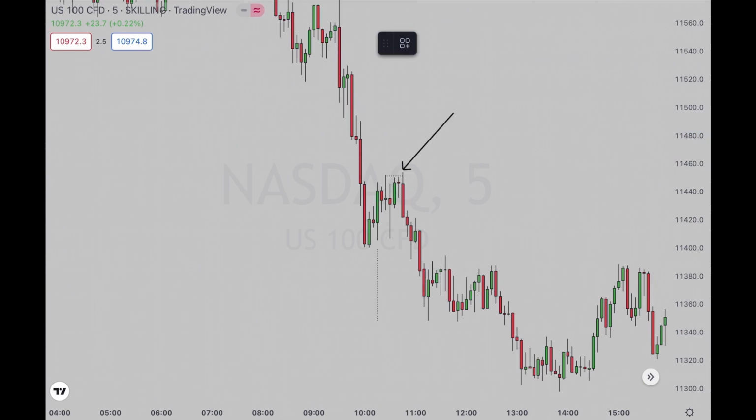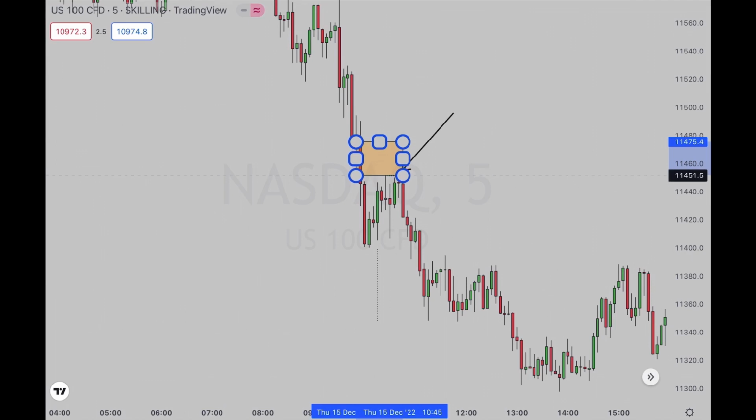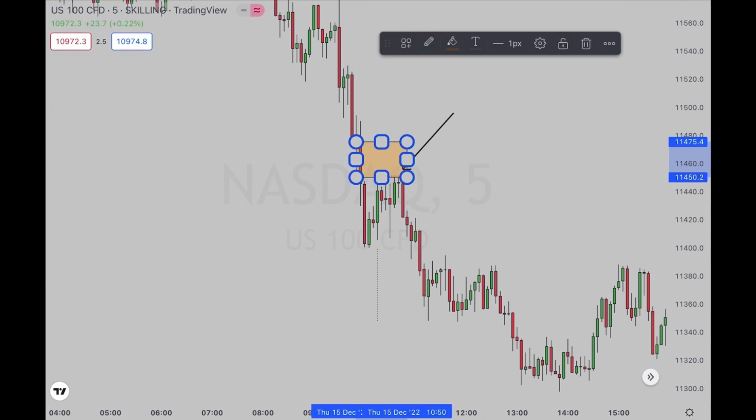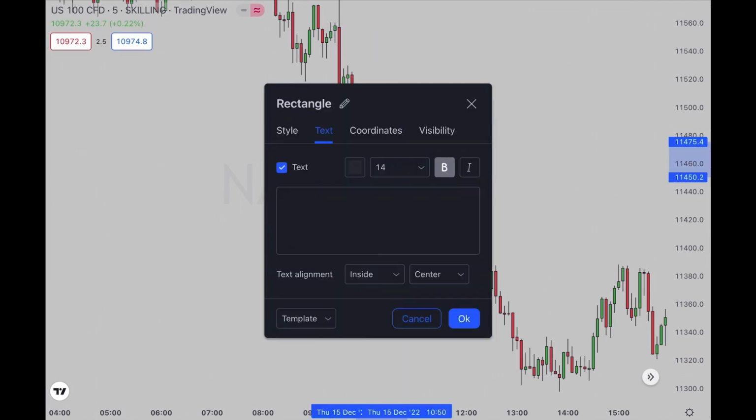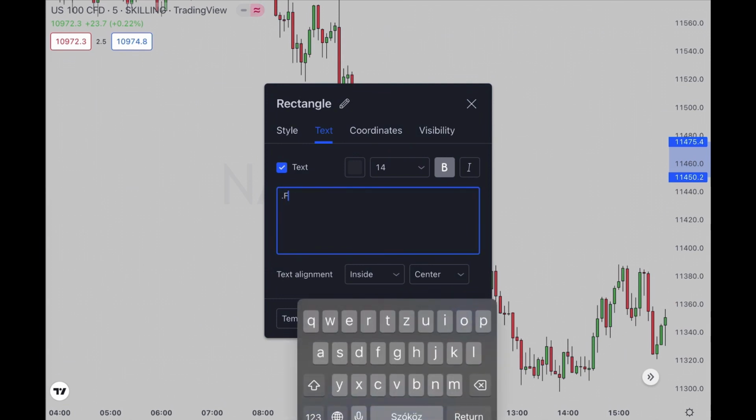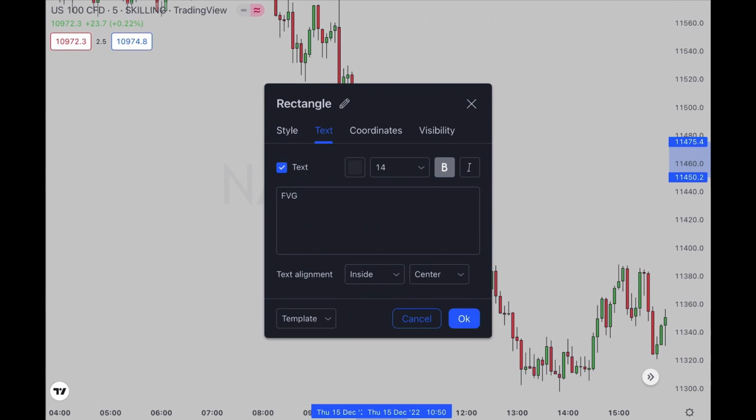So we not only have buy side liquidity grab happening, but we also have a fair value gap just about here. There you go. Fair value gap right there.